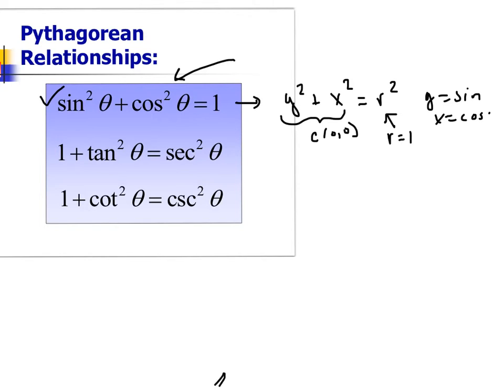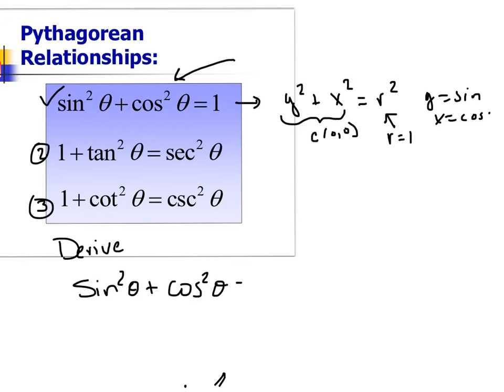Well, how do we get the second one and the third one? How can we come up with these? These are all technically the same identity. Depending on what's given to you, you might use one over the other, but they're all the same thing. So we're going to derive the other two trig identities using this one.